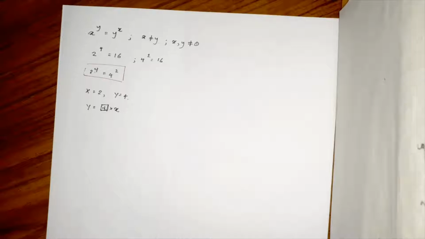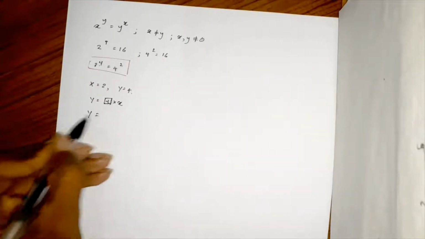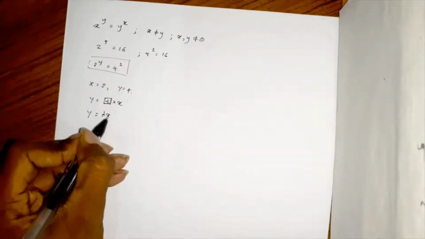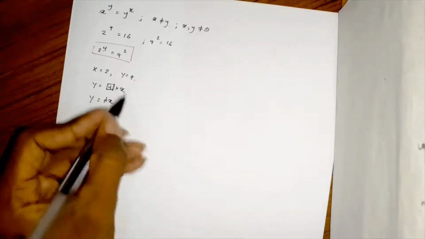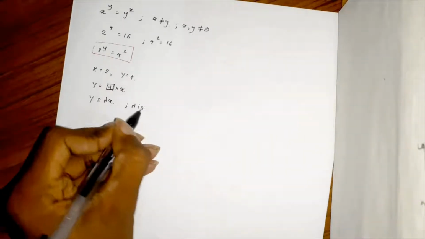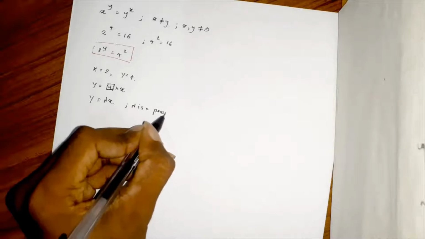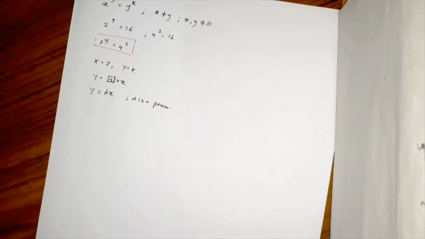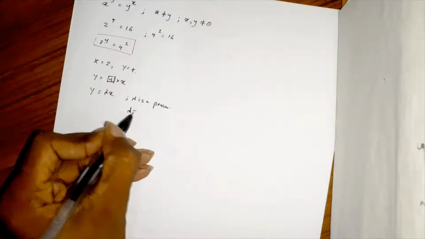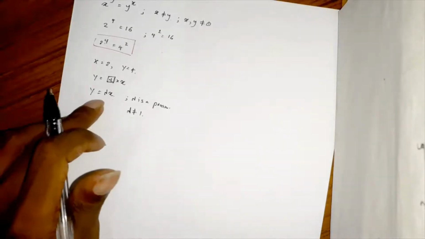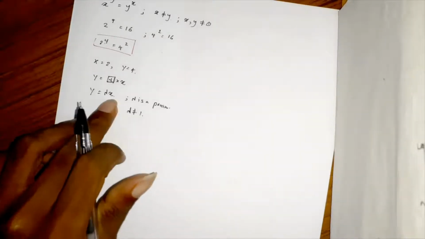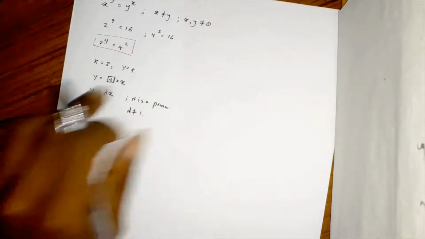I say lambda, so I get y equals lambda times x, where lambda is a parameter, and also lambda is not equal to 1, because when lambda equals 1 it becomes x equals y. So we don't do that here.